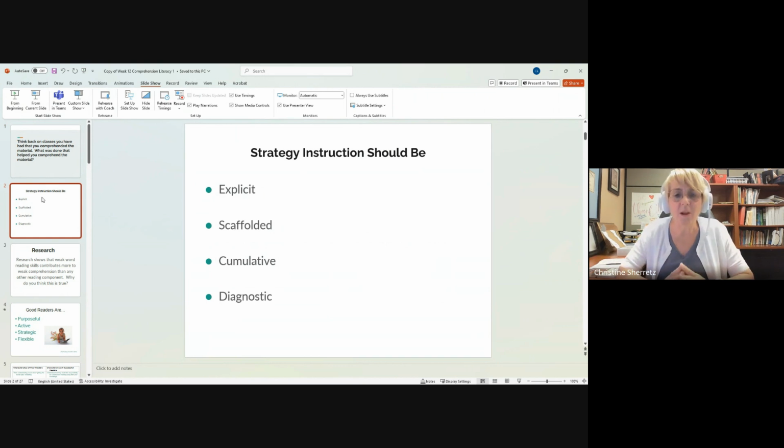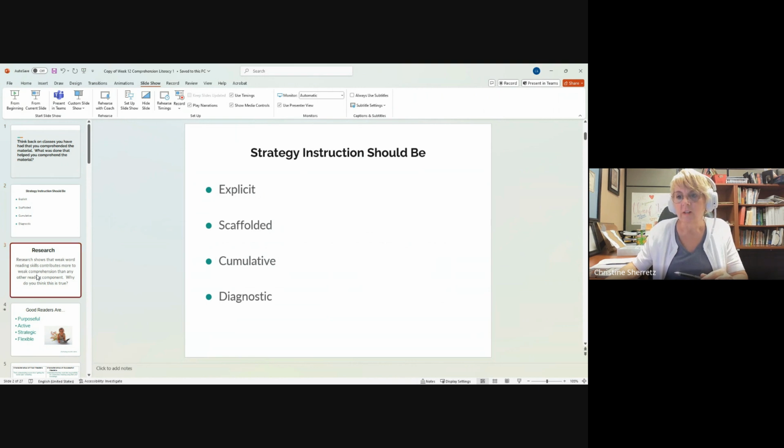When you think about comprehension, all strategies, and especially comprehension strategies, they need to be explicit, scaffolded, cumulative, so cumulative is building off of one another, and diagnostic. It should be based on some type of a diagnostic assessment that's been given. So think about that as we talk about these comprehension strategies.